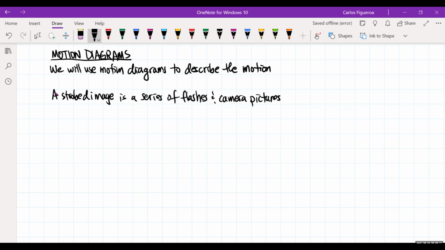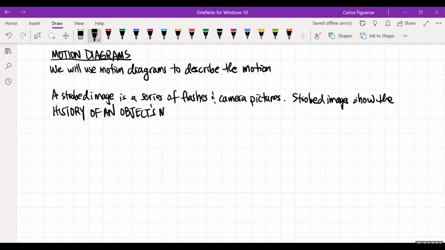So every time something flashes, you get an image. Strobed images show the history of an object's motion.